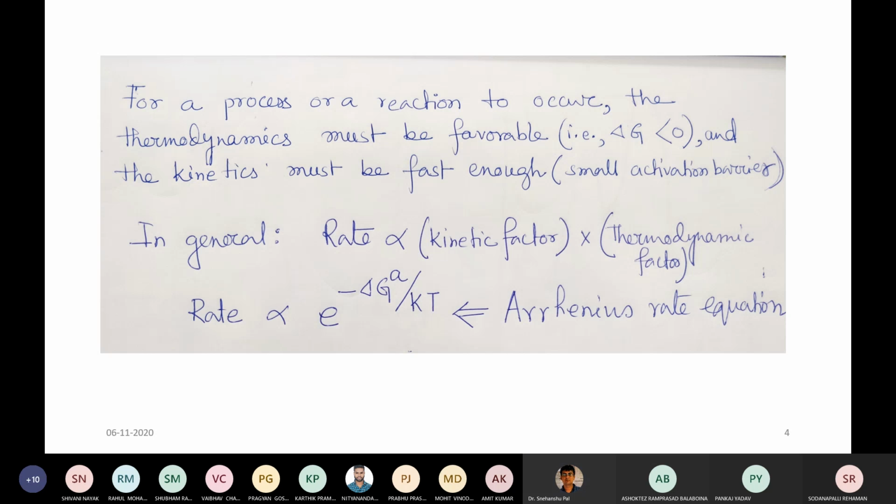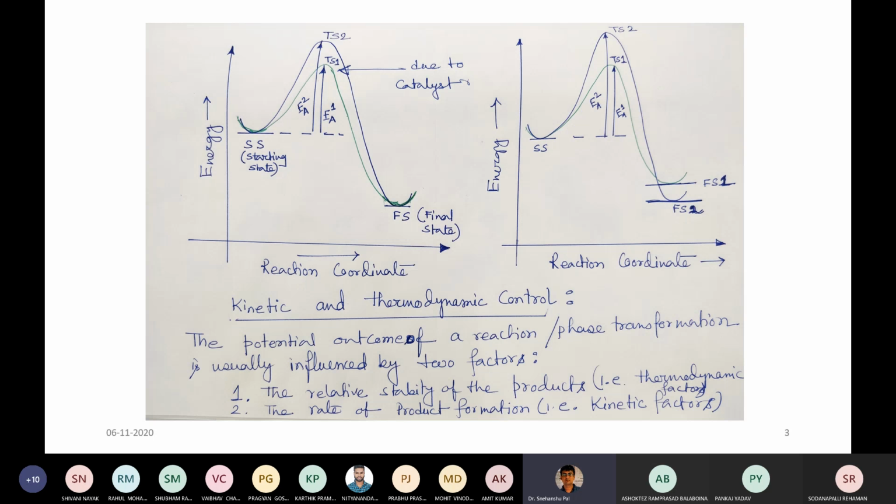Now, I'll go back to the previous slide to understand one important concept, that of a catalyst. Suppose, for example, in the Haber process, finely divided iron serves as a catalyst for synthesizing ammonia from nitrogen and hydrogen.